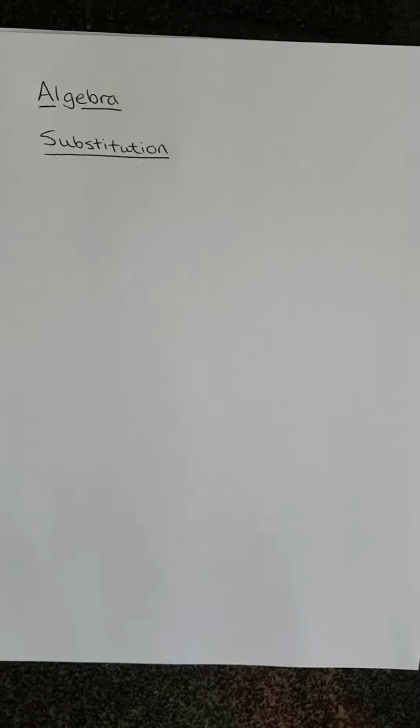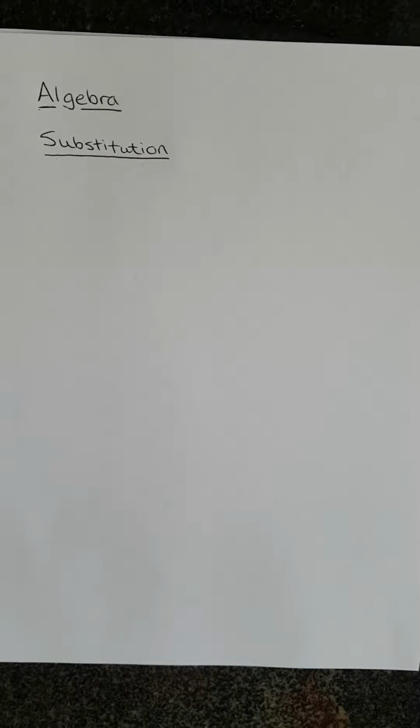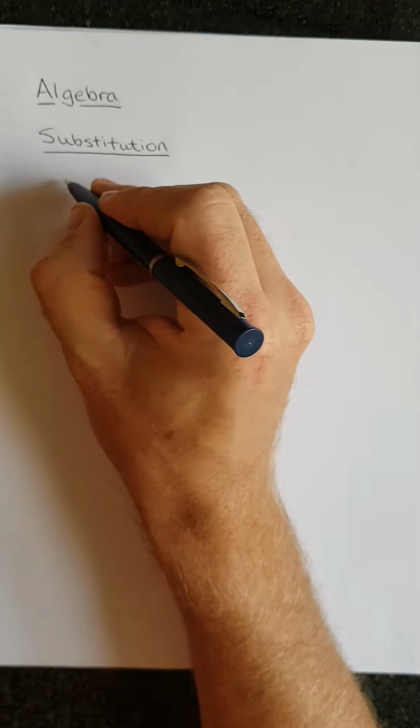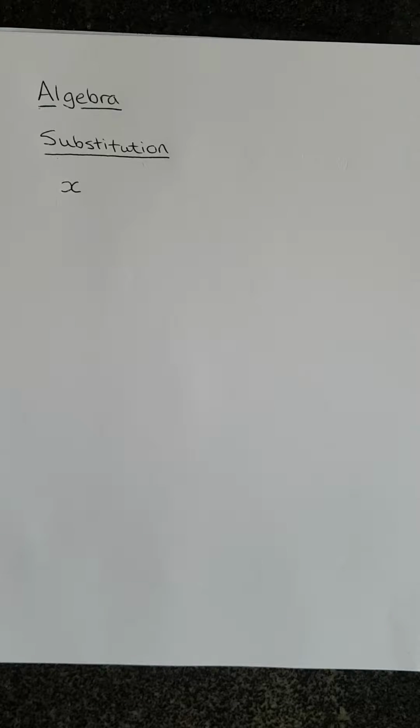Our second topic in algebra is substitution, which is where we're going to start looking at the core principles of algebra and how we can use them. We've already established that x represents an unknown number.